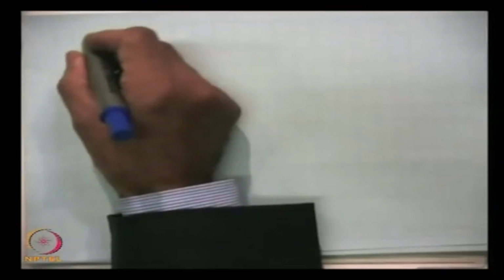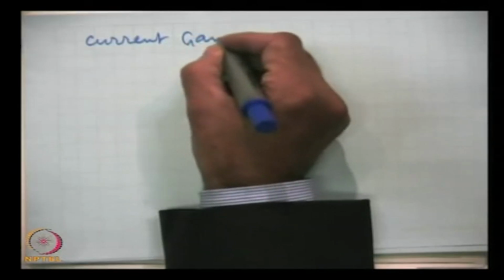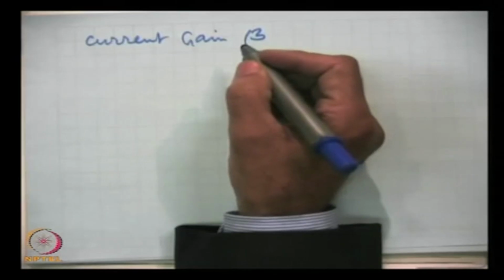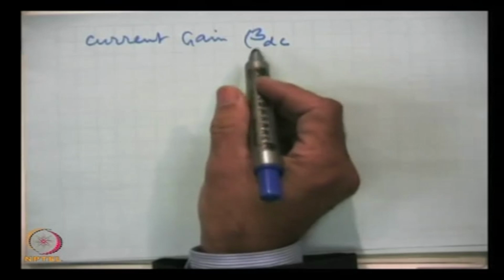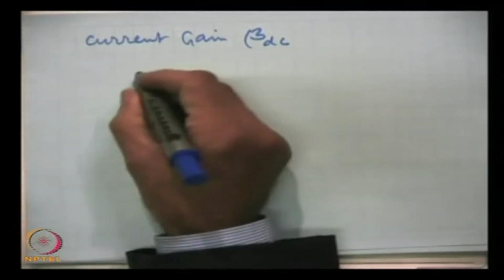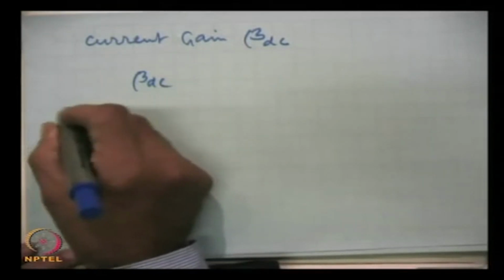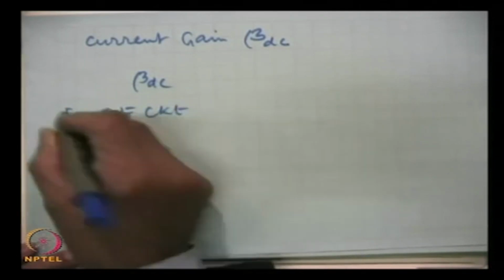Then there is another current gain which is called beta, and as we are discussing the case of DC, we call it beta DC. Beta DC is the current gain in common emitter circuit.